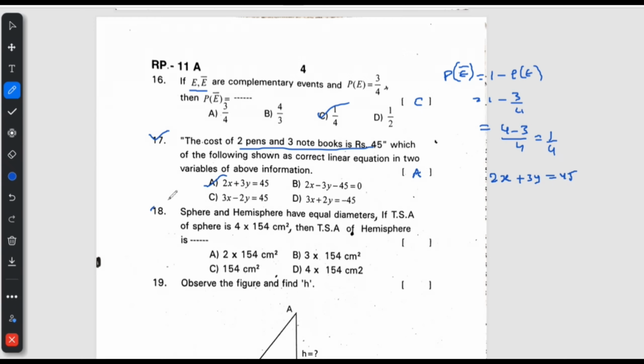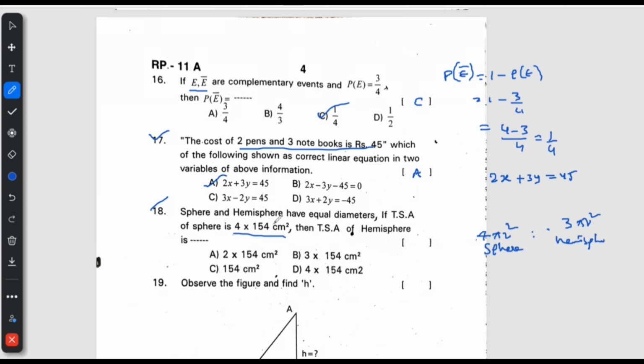Next one, the hemisphere and sphere. Sphere and hemisphere have equal diameter. The TSA of hemisphere is 154 centimeters square. The TSA of a sphere will be 4 pi r square, whereas the TSA of a hemisphere will be nothing but 3 pi r square.